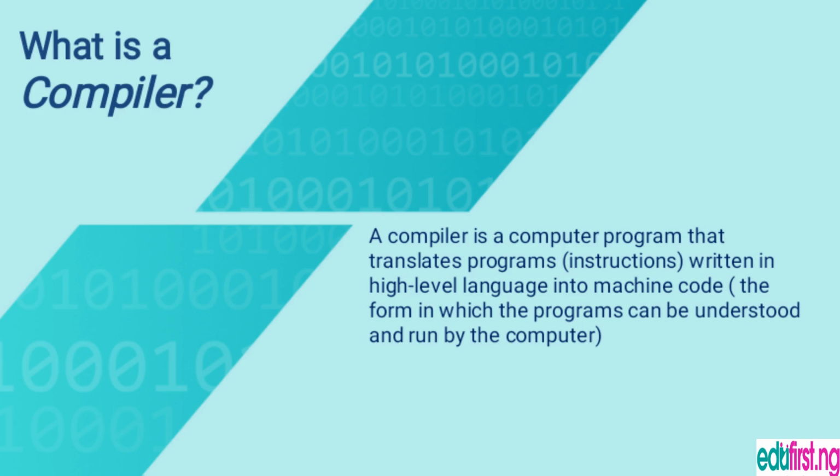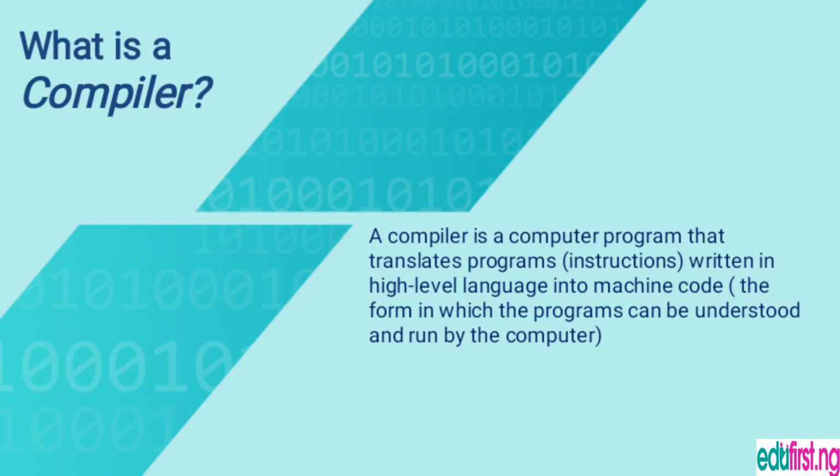Both compilers and interpreters are used to convert a program written in a high-level language into a machine code understood by computers. Now, what is a compiler? A compiler is a computer program that translates programs, that's in computer instructions, written in high-level language into machine code.